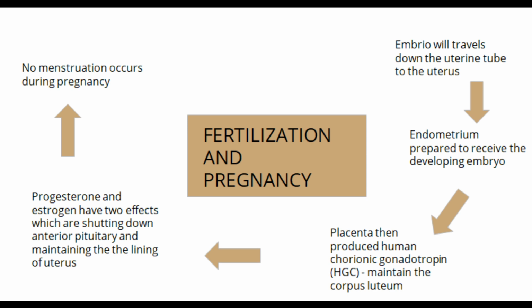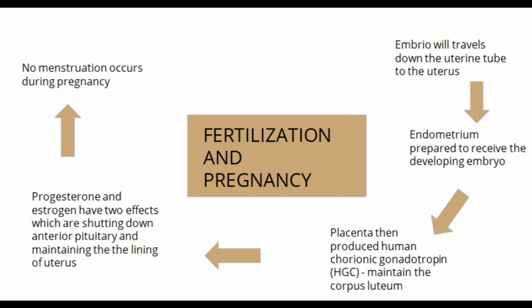Next, the endometrium prepares to receive the developing embryo, and then the placenta produces human chorionic gonadotropin, which is known as HCG, which maintains the corpus luteum. Actually, HCG is the hormone that is detected when you are doing the pregnancy test.